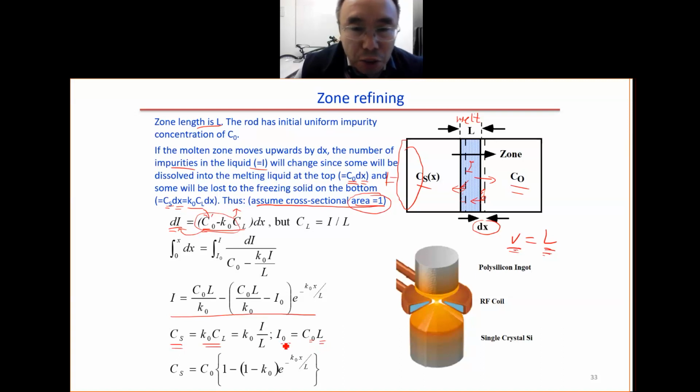This is what happens at the starting point, so at the starting point we have this condition here. Then we bring this one to here.